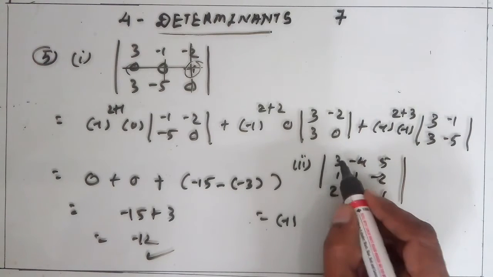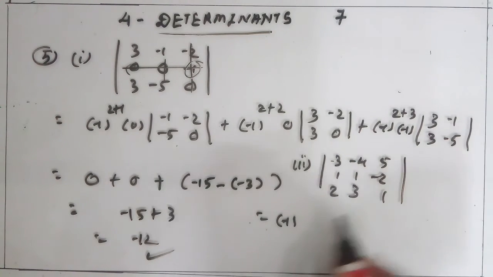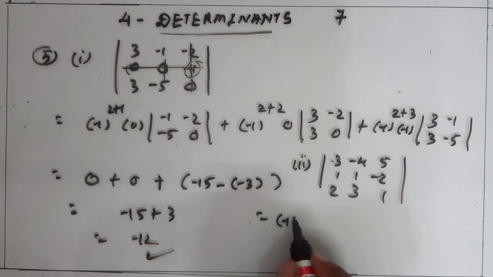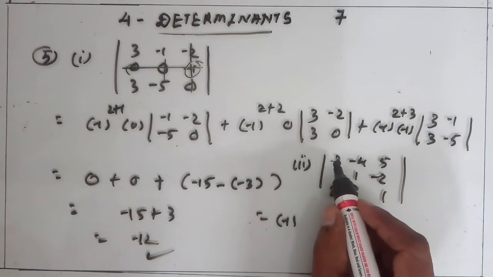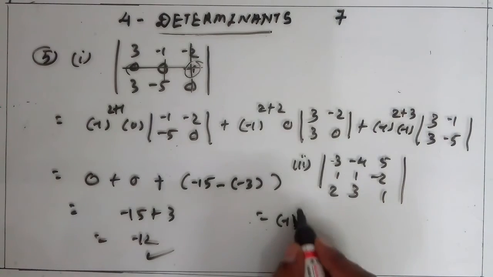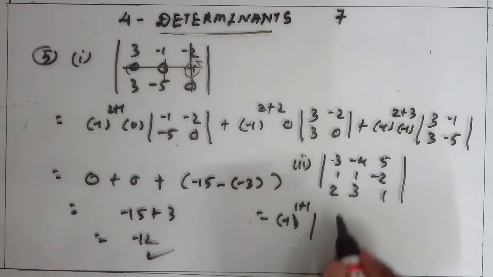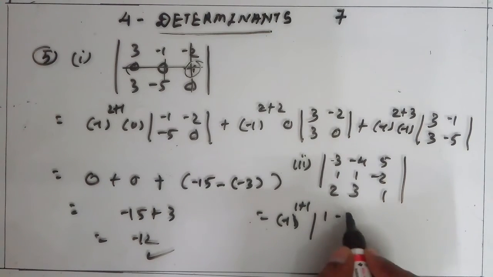Here we use the first row. 3 lies in the first row and first column. So minus 1 raised to 1 plus 1, into remove this row and column. We get the determinant 1, minus 2, 3, 1.